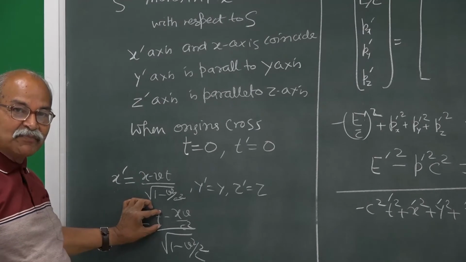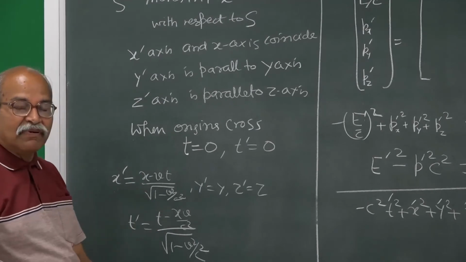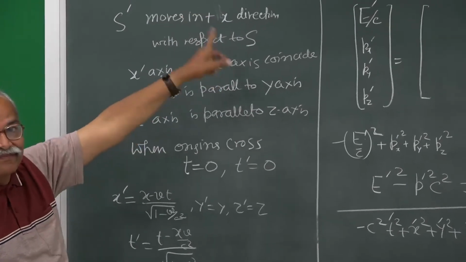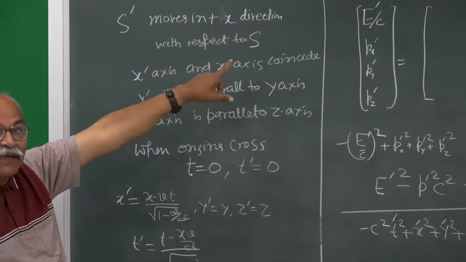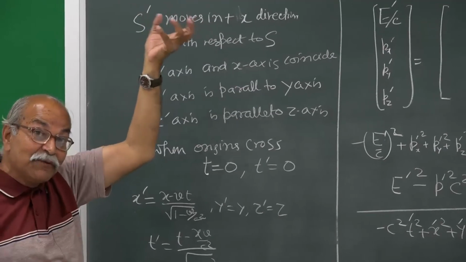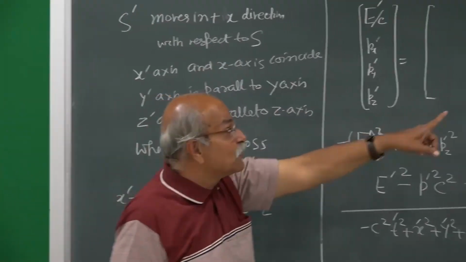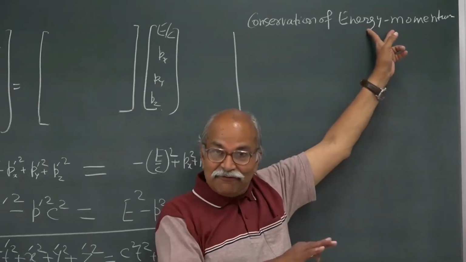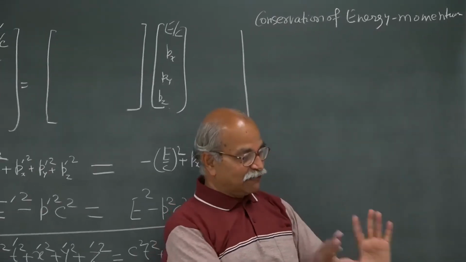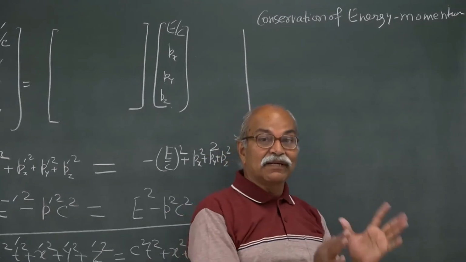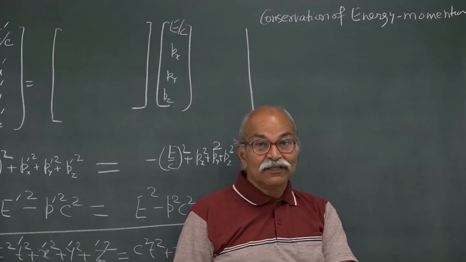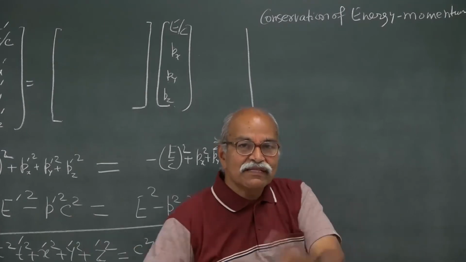So time and space are mixed up. Similarly, energy and momentum are mixed up. They are components of one quantity which you can call energy-momentum. When you fix a frame, you have a separate formula and interpretation of energy and of momentum. But when you change frame, they get mixed up.